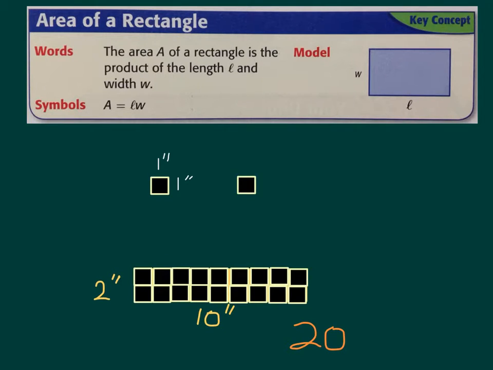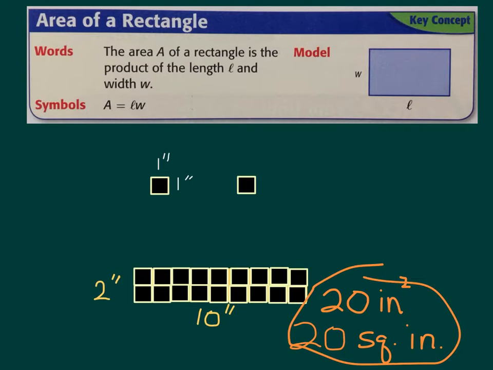When I cover the rectangle, I find that there are 20 of these squares. So the area would be 20 square inches, and I can abbreviate it like that, or some people will write 20 inches with an exponent of 2, which is squared. Either way works.